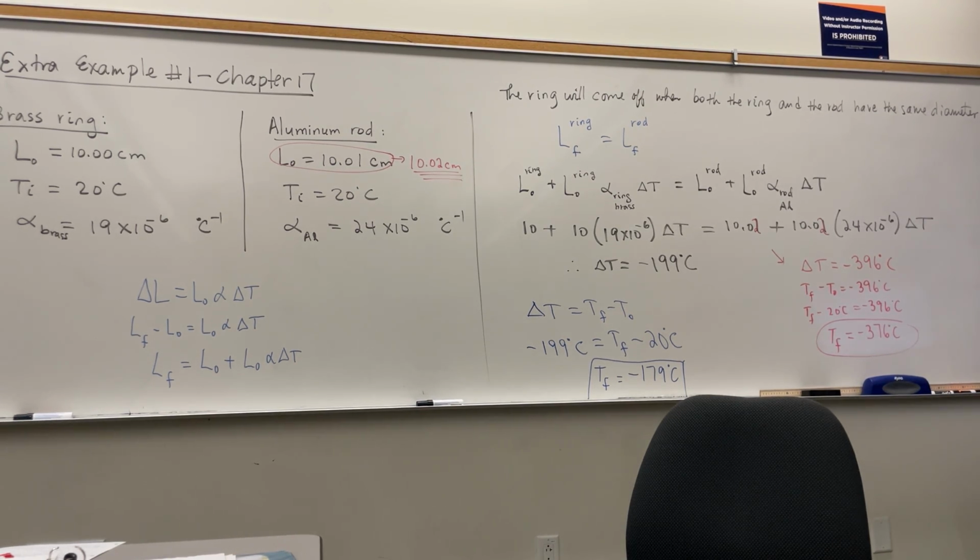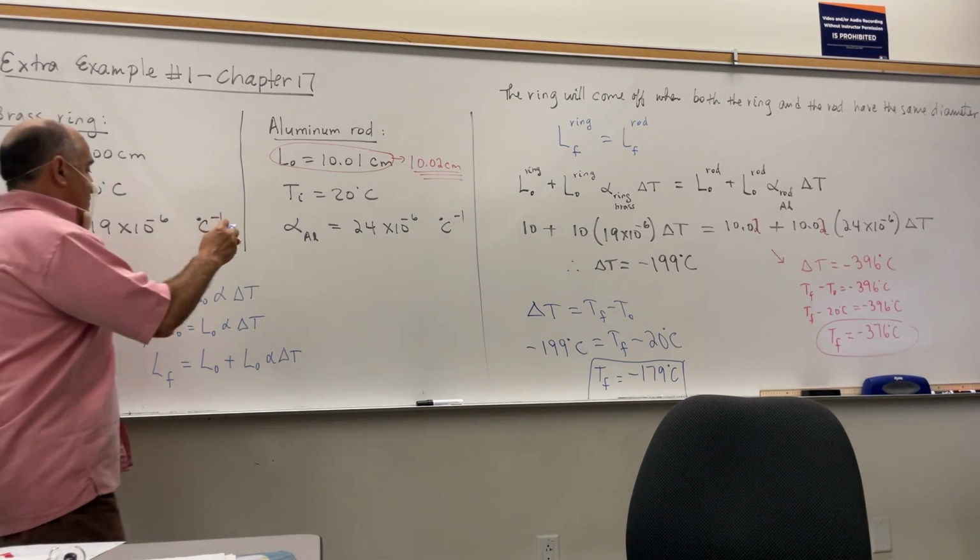Can you really quickly go over again how you got the formula for delta L? So delta L, the change in something, is the final of that something minus the initial. That's this one, right?